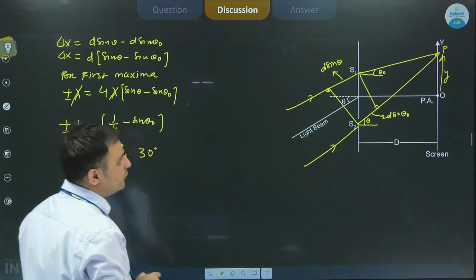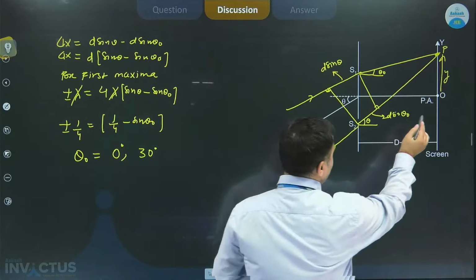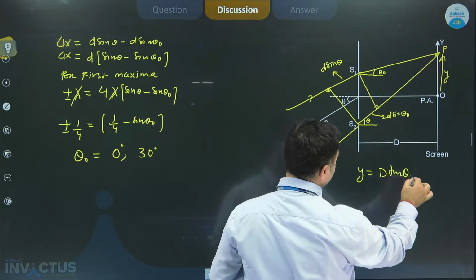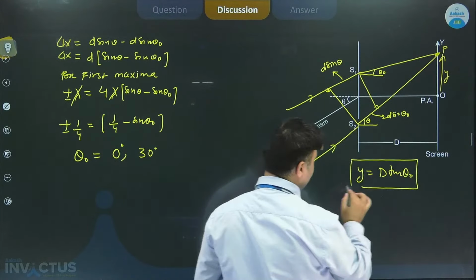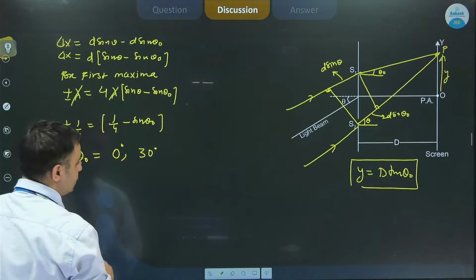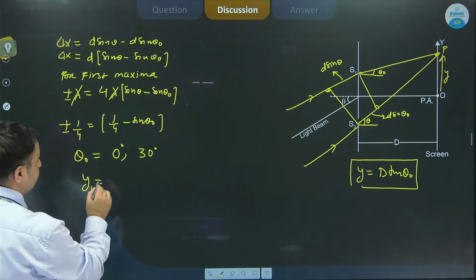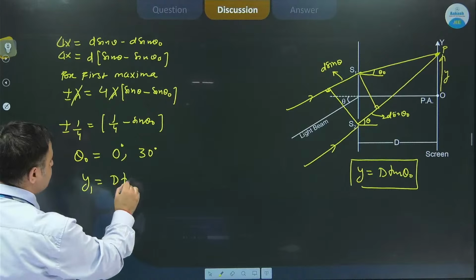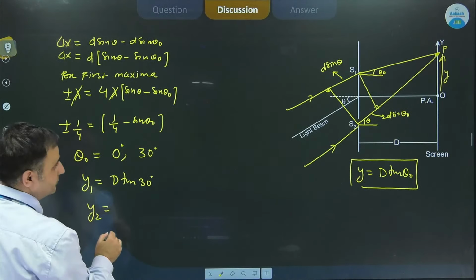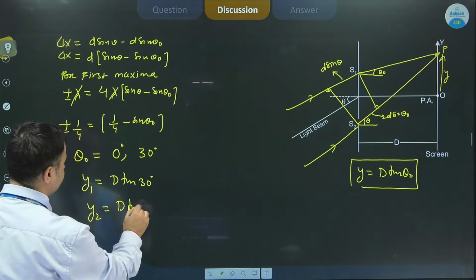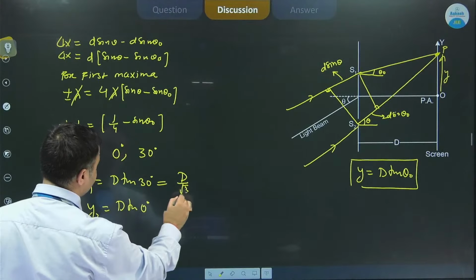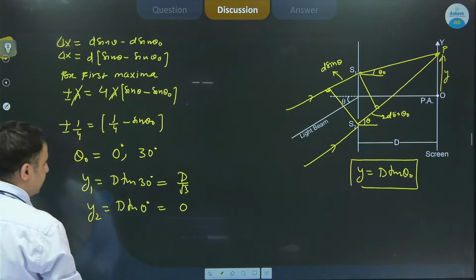Now we have to find this y. So y is equal to D tan theta naught. We already calculated the value of theta naught, so now we can calculate y. So y1 is capital D tan 30 degree, and y2 is D tan 0 degree. Tan 30 is 1 by root 3, and tan 0 comes out to be 0.